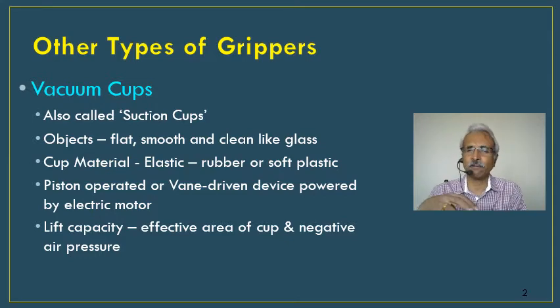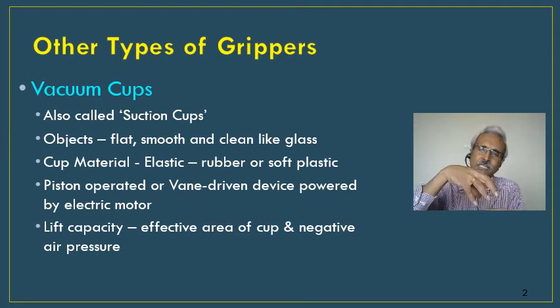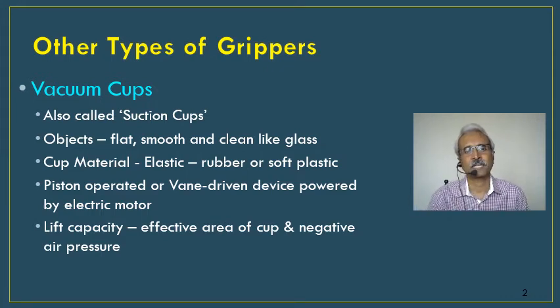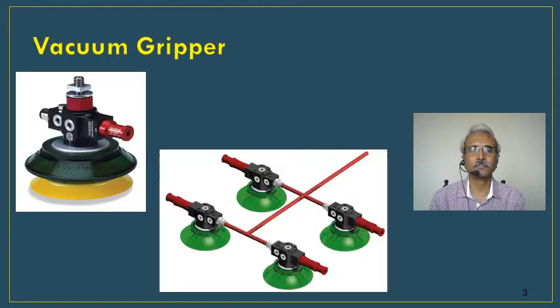Only when you have that bit of elasticity or flexibility can the gripping be effective. You cannot have a hard or rigid substance there. Mostly it's a piston operated or vane driven device powered by an electric motor, which creates that vacuum. The lift capacity, again an important parameter, depends upon the effective area of the cup and the negative air pressure. Based on that the effectiveness will vary.